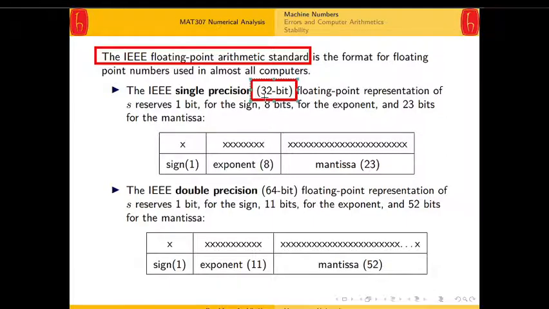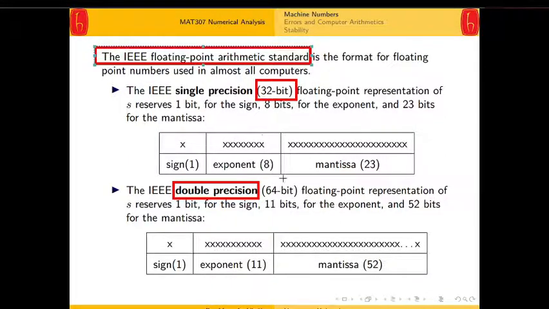One is single precision with 32 bits, and the second is double precision with 64 bits. This is not the only option, but this is the standard our computers use. If you want to build a machine with, for example, 8 bits, that's also possible. Or maybe if you need better computations, you might build a machine with 128 bits. This is all up to you. But if you want to use the standard, this is it.